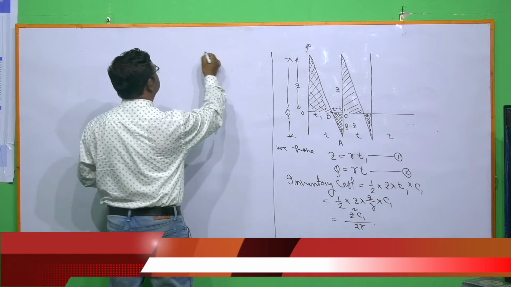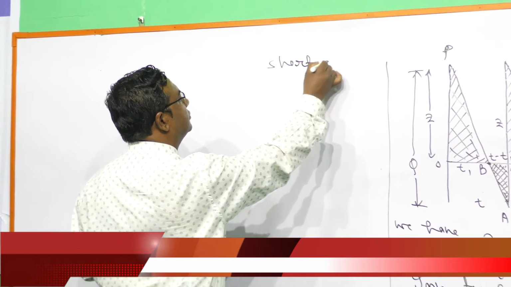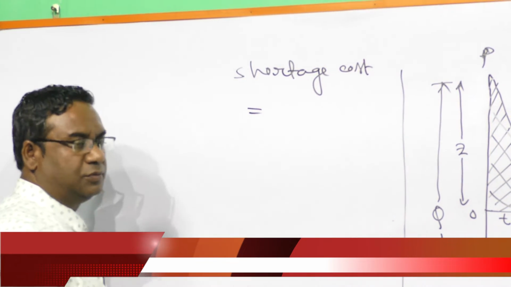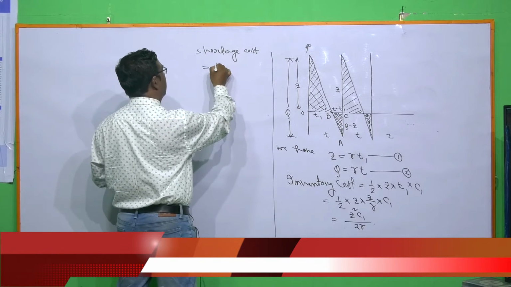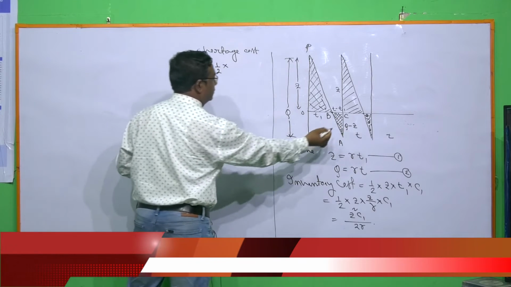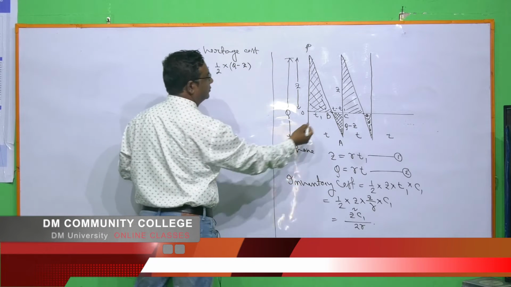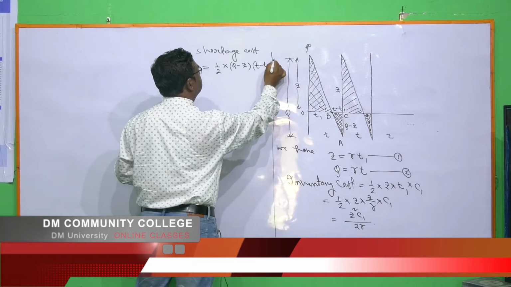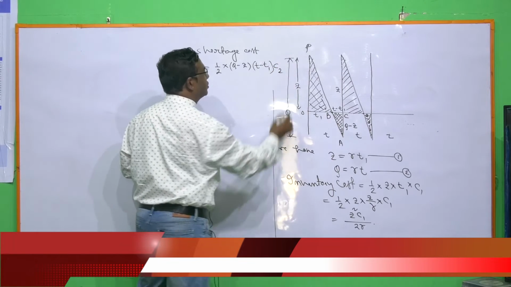Next, shortage cost. This is the shortage. So half Q minus Z, then the base is T minus T1, then C2 is the shortage cost.